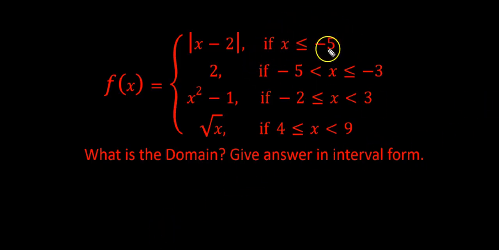So what I want to do is go piece by piece with these four different pieces, and let's see what that would look like on the number line. And so we're going to get the number line, and then when you get the complete number line, you're going to write it in interval form. This is how you do it. So what would that look like on the number line? X is less than or equal to -5.